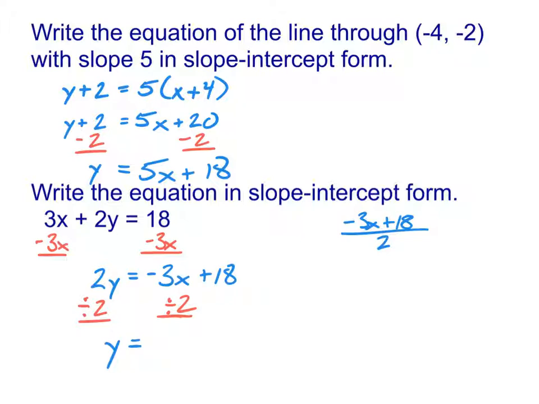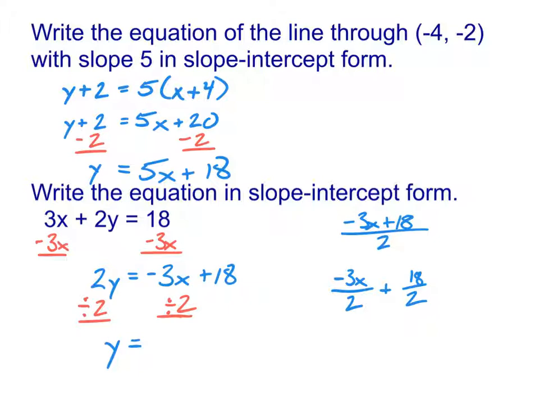But that doesn't exactly look like slope-intercept form, does it? And so instead what we can do is divide each of those terms individually by 2. So I could instead write it as the -3x being over 2 plus the 18 being over 2. Which still doesn't quite look right, but we can make that look right.